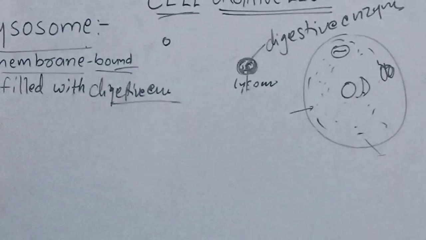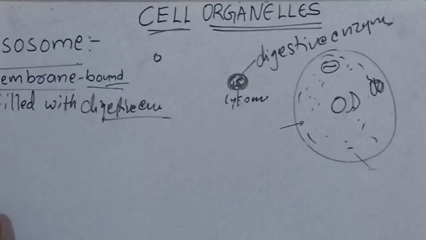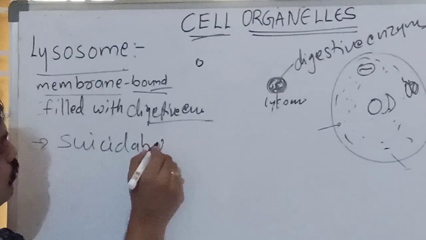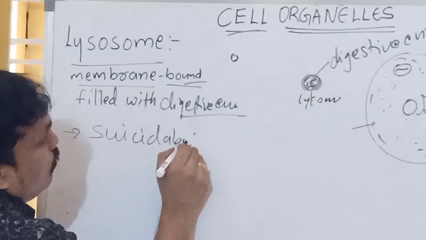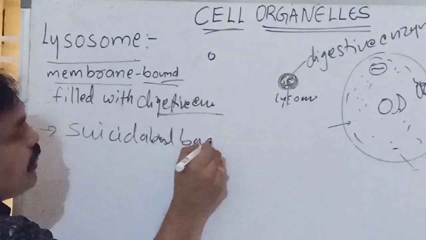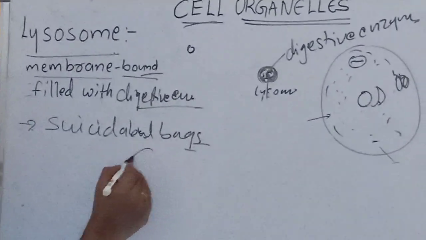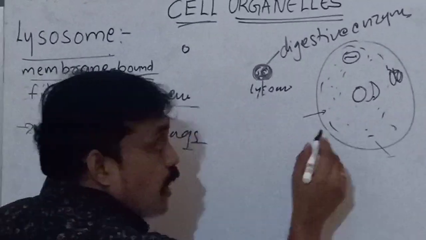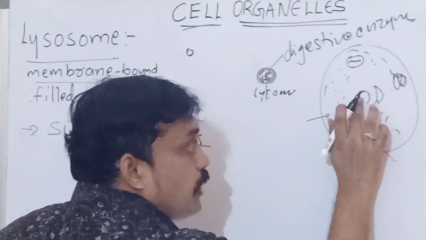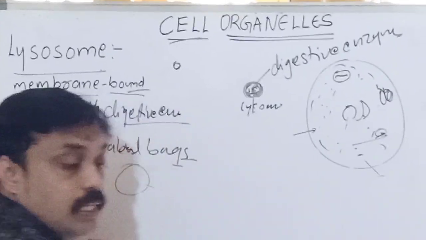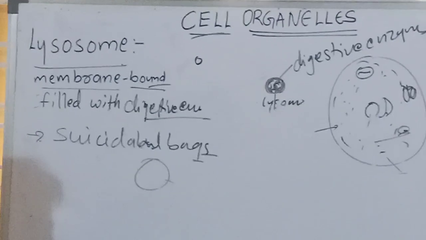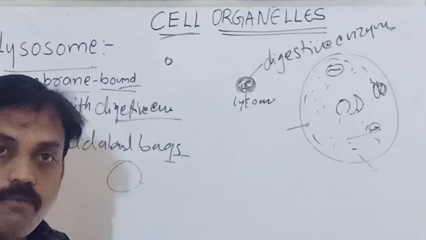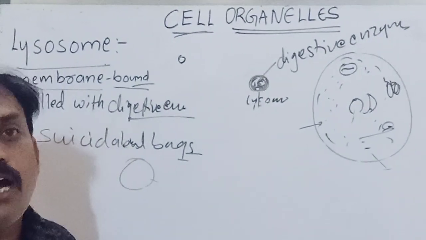So what can we call them? Suicidal bags. Why? For example, this is a lysosome: whatever toxic materials are inside the cell, it absorbs them, bursts itself, and sends the unwanted toxic material outside the cell.